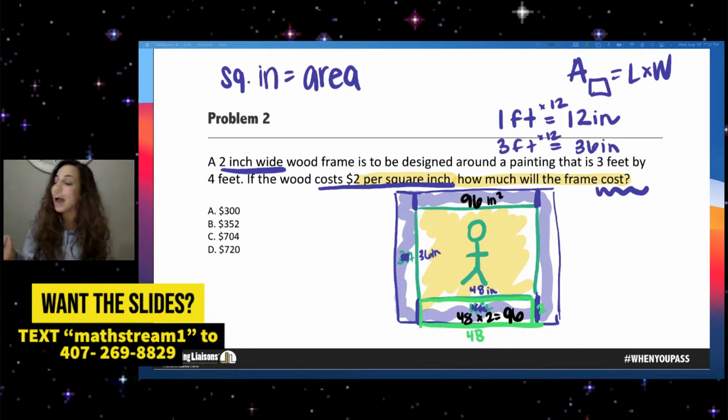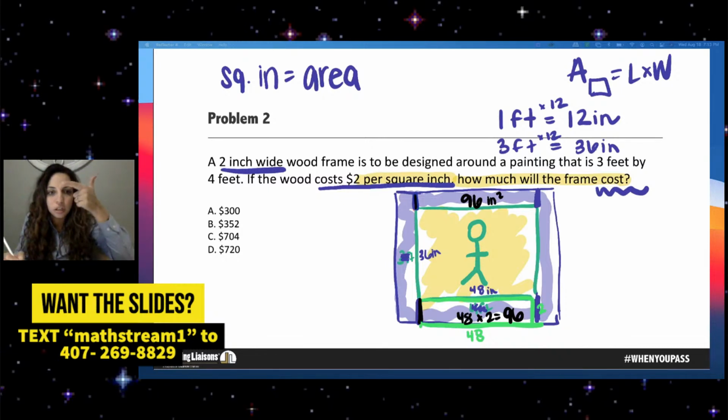Well, it's not 36 times 2, because this right here is 36, but I have this extra length, and I have this little bit right here, and I have this little bit right here. So I have to add that extra little bit to my length. So what I have is 36 plus 2 plus 2.